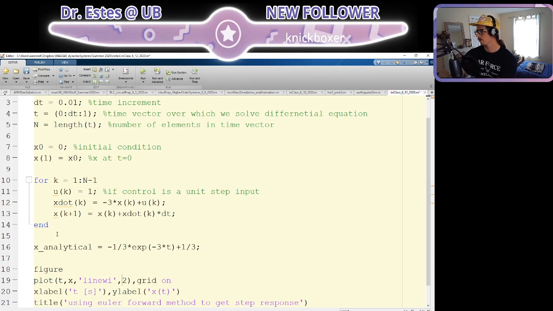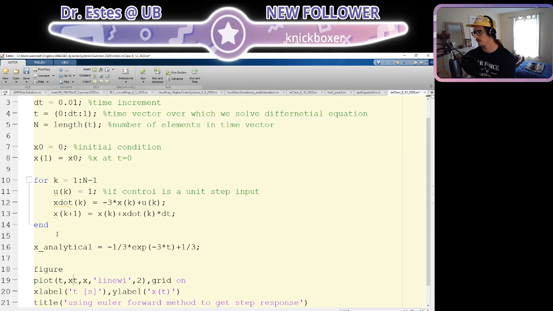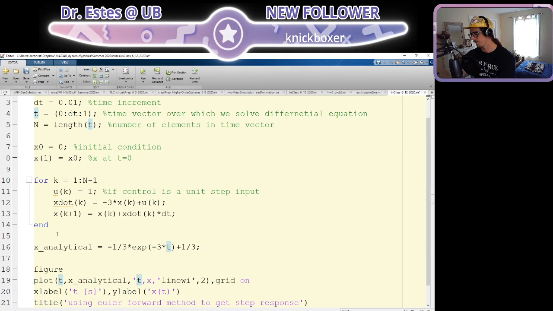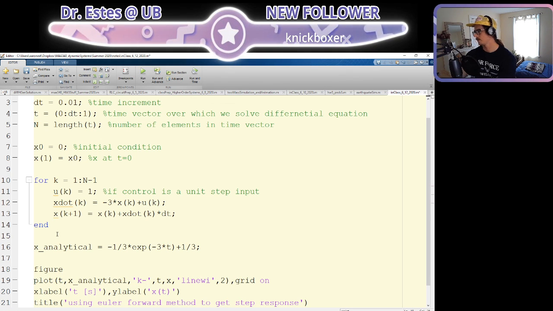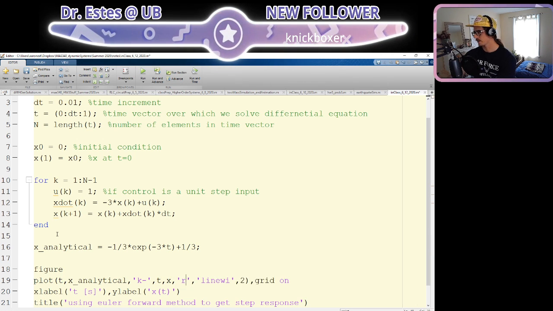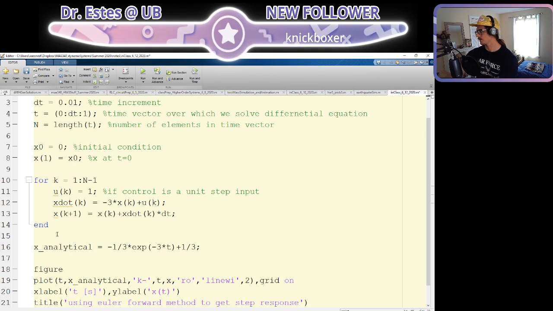And let's go to our plot. Let's plot the analytical one first. X analytical. And I want to put that in black. And then I'm going to plot the other X we got in red. Actually, maybe we'll do red circles.